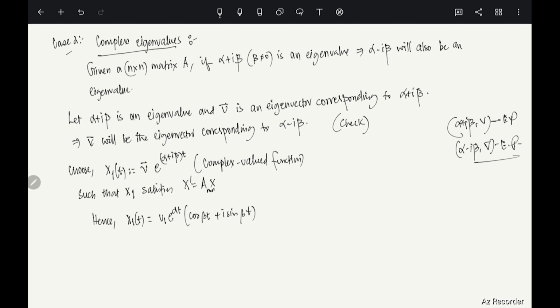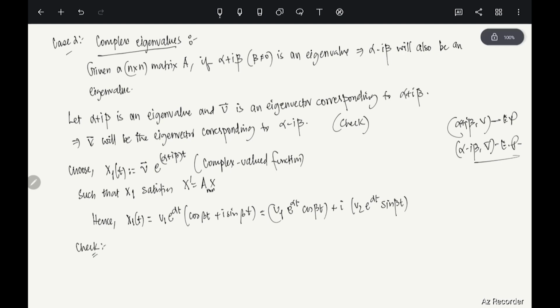So it becomes essentially v1 times e power alpha t cosine beta t plus i v2 e to the power alpha t sine beta t. We can write it like this. So basically we can just break up the real and the imaginary part.